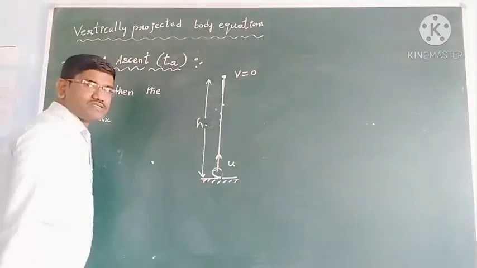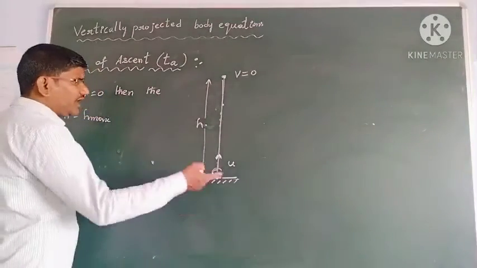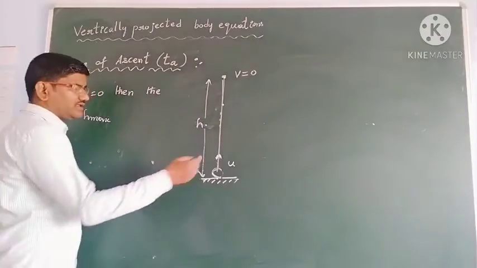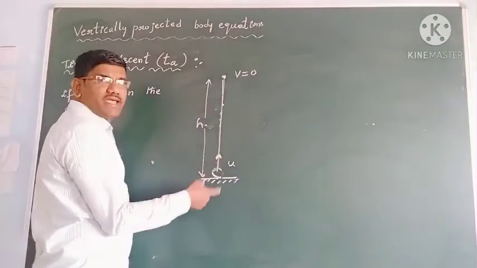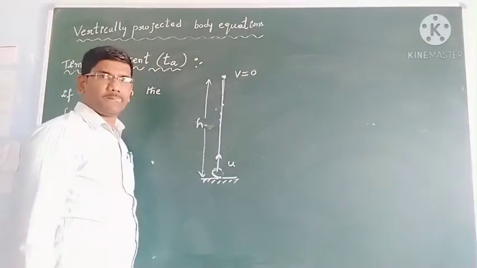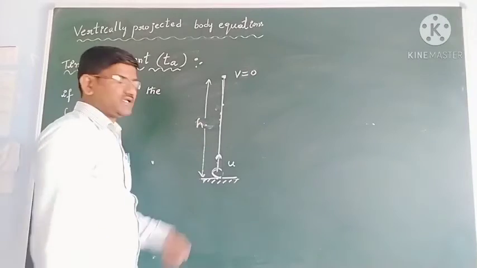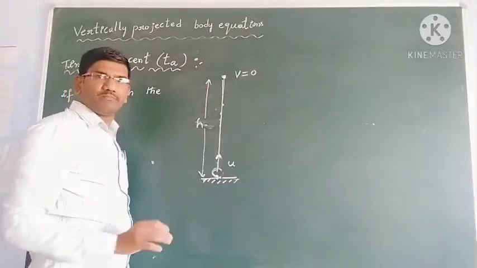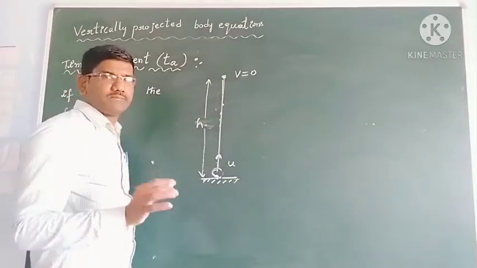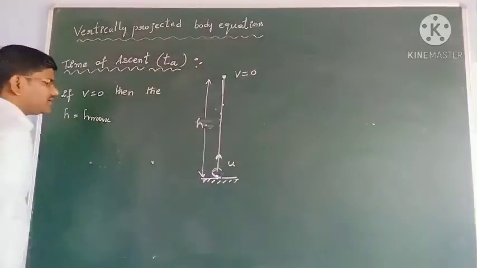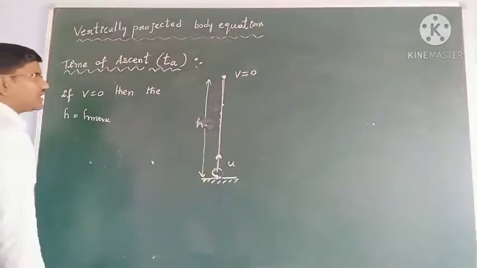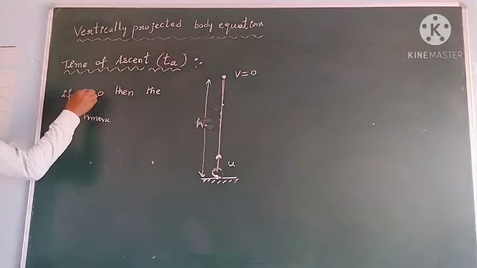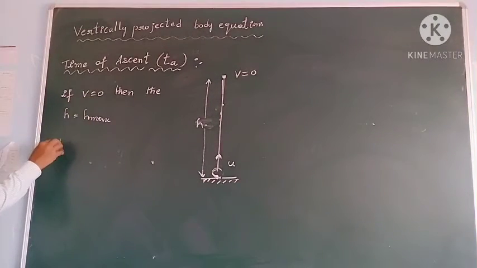Okay students, and the time taken to reach this maximum height is called time of ascent. Ascent means upward journey. So from here to here, it takes some time to go there, and that time is called time of ascent. So I am writing time of ascent.